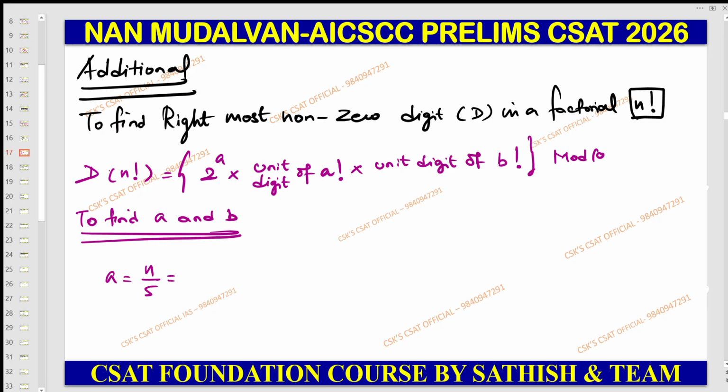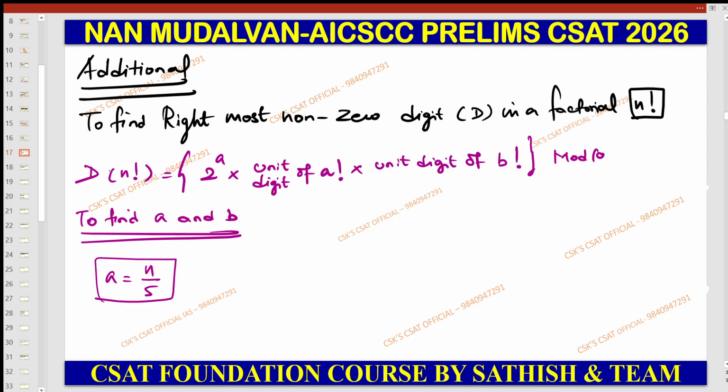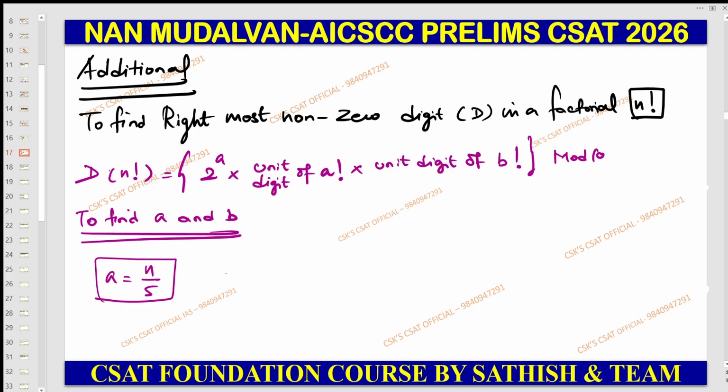Keep this as a is n by 5, that is more than sufficient. Let me take an example with the previous case itself. A is nothing but n by 5. B is nothing but n modulo 5. B is equal to n modulo 5.